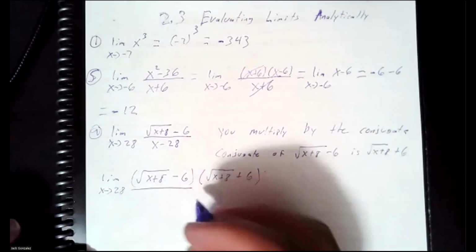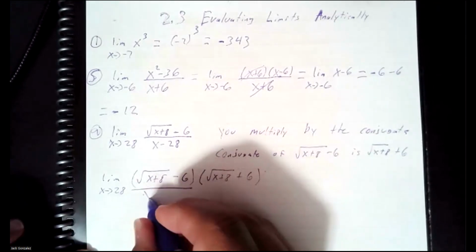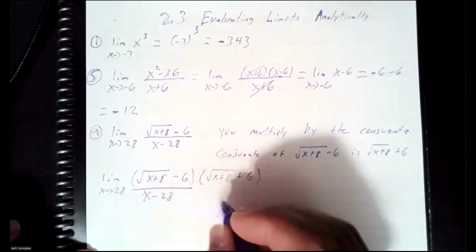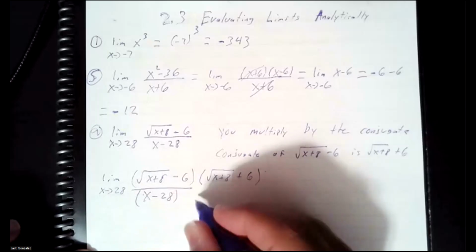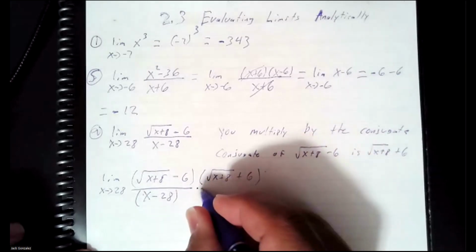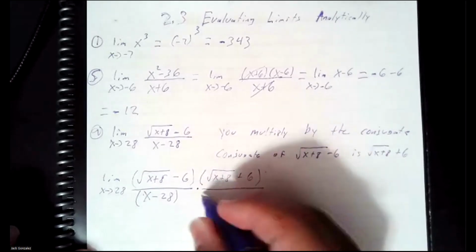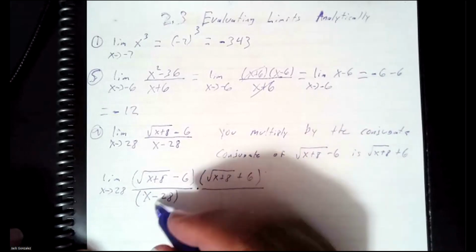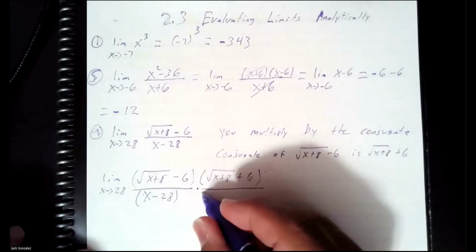Otherwise, we won't have equality anymore. I thought we are conjugating the x minus 28. No, we want to do it on the square root. Okay. But you'll see this cancel soon.